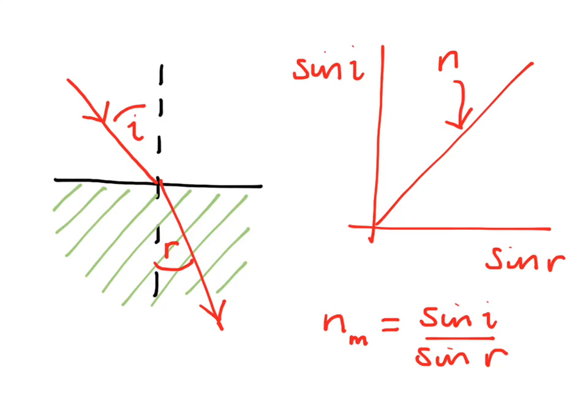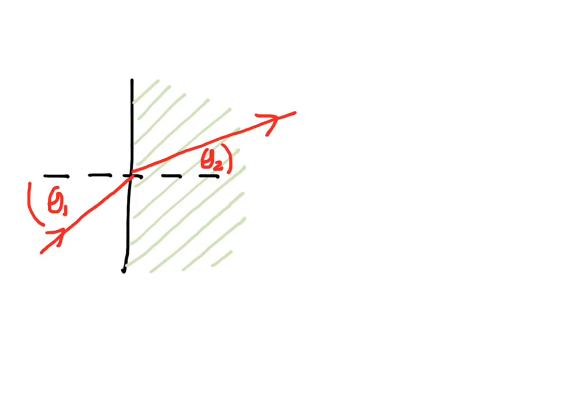Now light is actually reversible, so a more practical way of phrasing the equation comes from this bit here. So let's draw the diagram again. We've got a ray going in and a ray going through the glass. Rather than calling it I and R, let's call it θ1 and θ2.